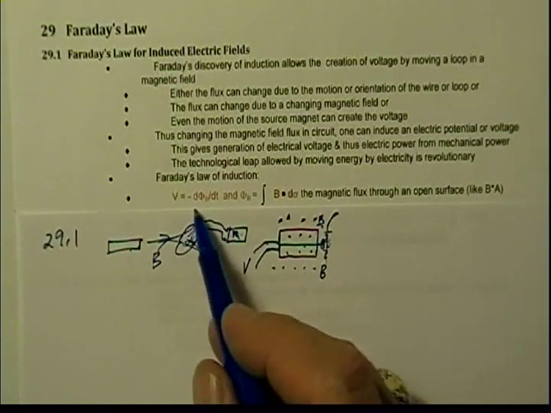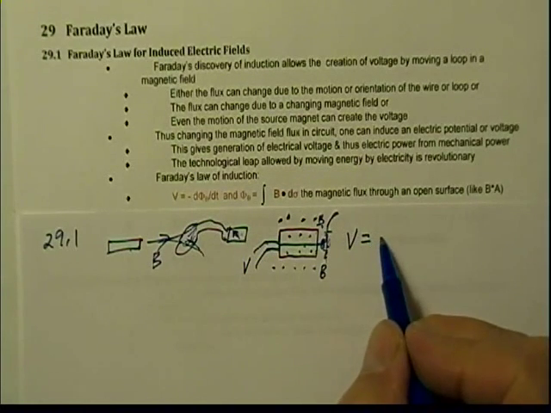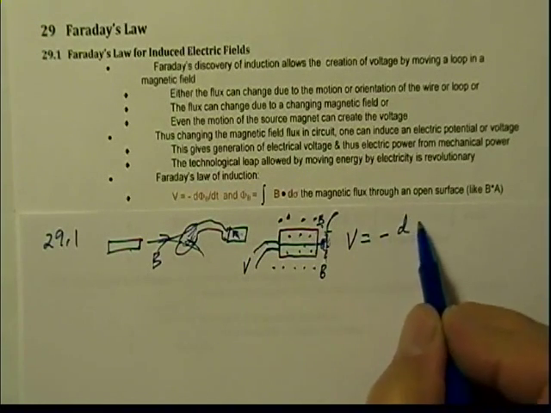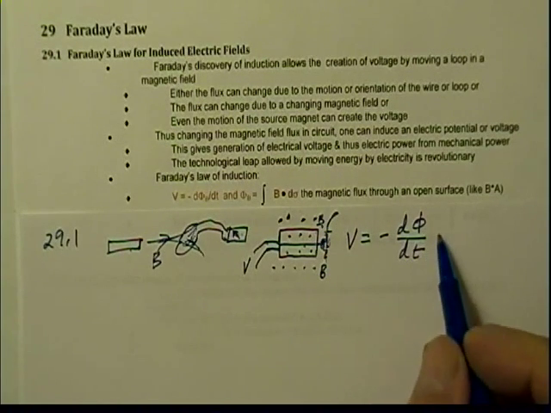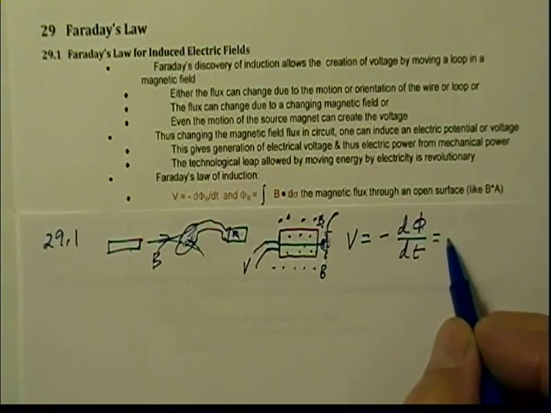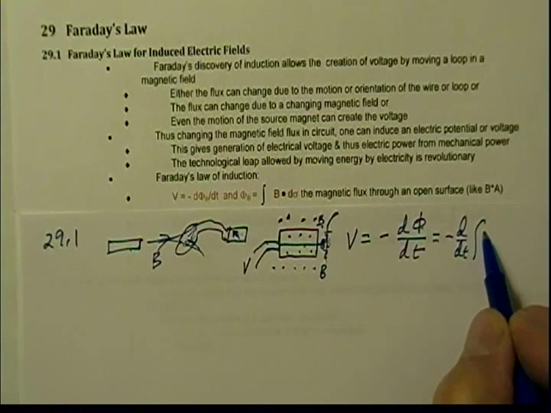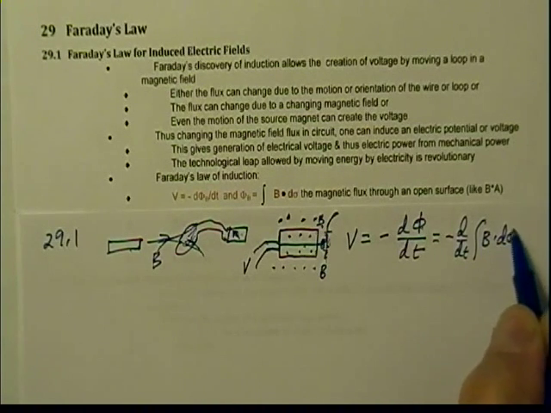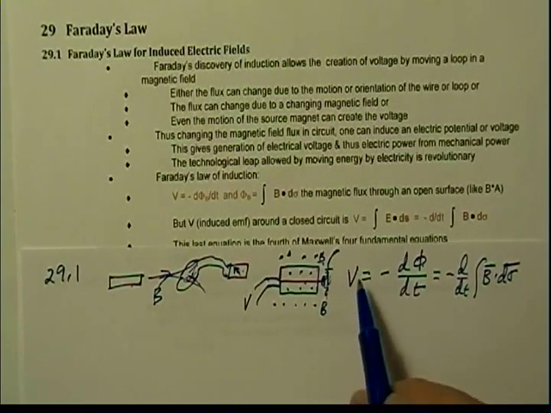And the voltage that's induced, he found, was the following. The voltage that arises from this is the negative of the change in the flux through the coil with respect to time. Now, what is the flux? The flux is the integral of the magnetic field over this surface. So this is minus d by dt of the integral of B dot d sigma. Now we can write this result in a different way.